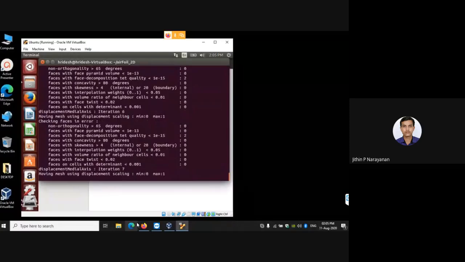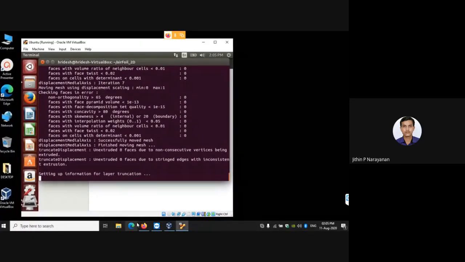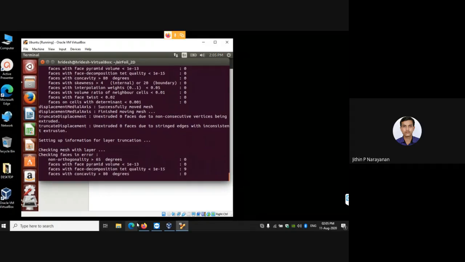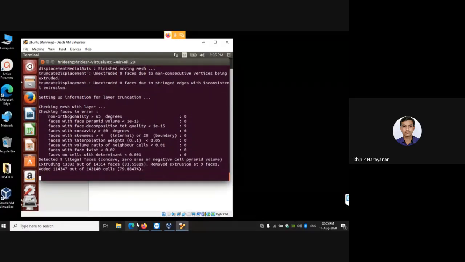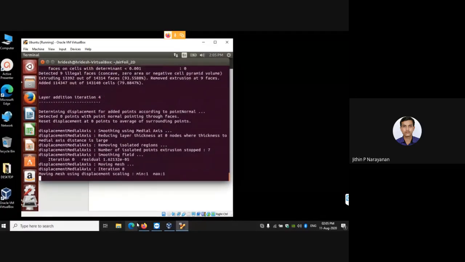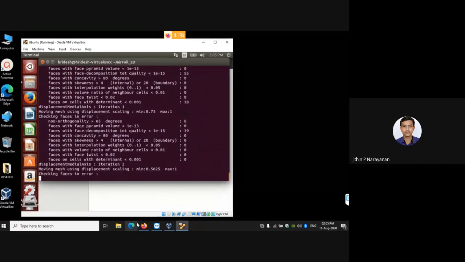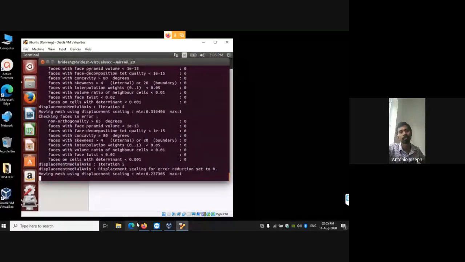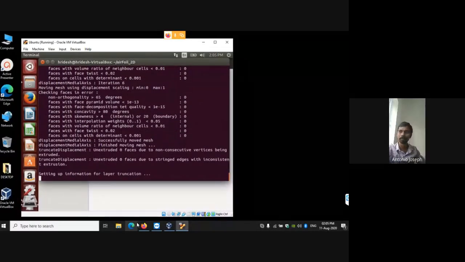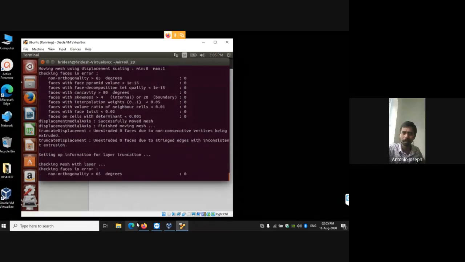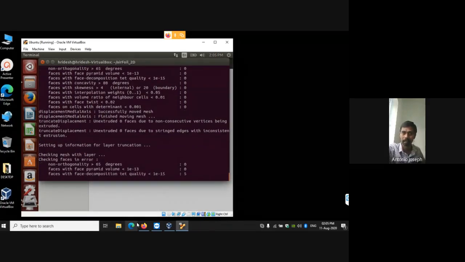When I'm doing blockMesh in one of the geometries, in the script there was one convertToMeters, given as 0.01 as a scaling factor. What does that scaling factor actually mean? If convertToMeters is given as one, it's in meters, and all the coordinates given by us will be in meters.